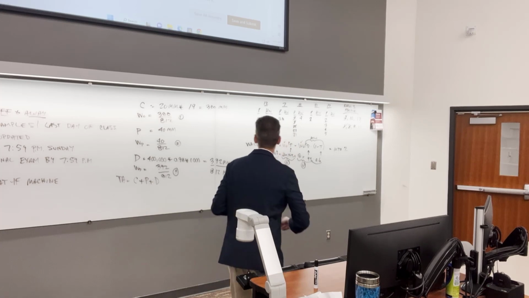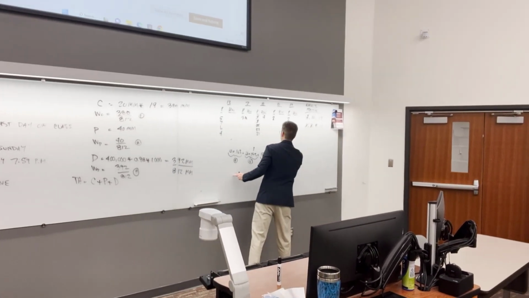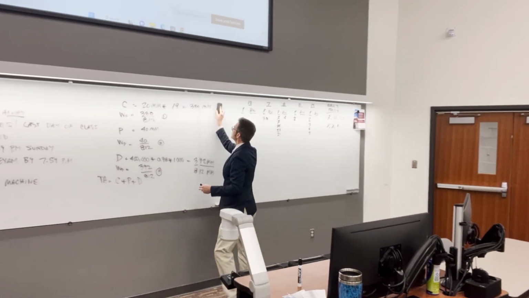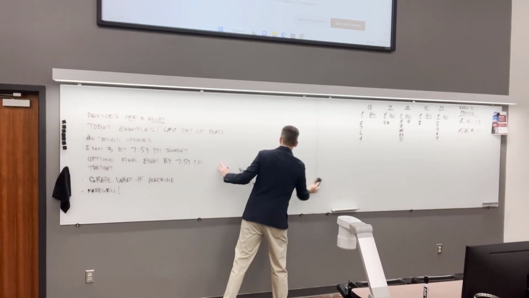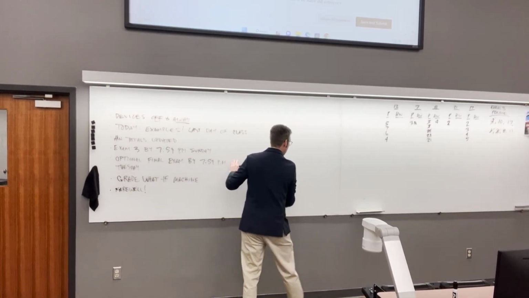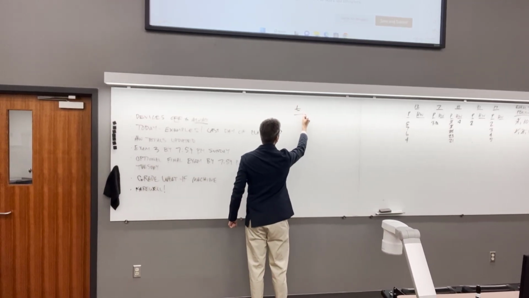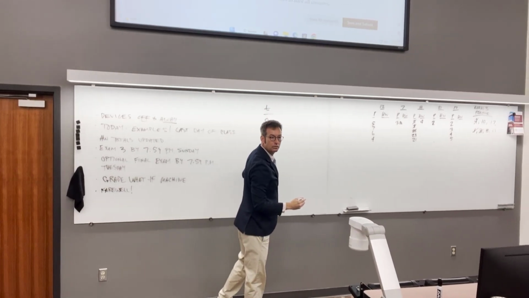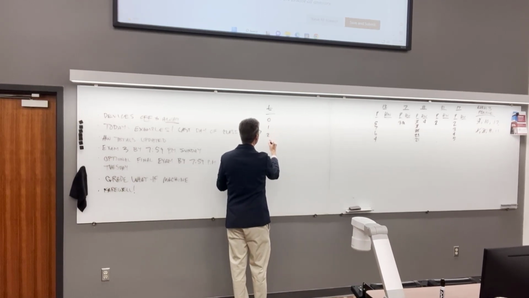Okay, so I'm going to clean this board off. And the way that I would advise you to set this up on your scratch paper would look something like this. T, 0 through 5. 0, 1, 2, 3, 4, 5.